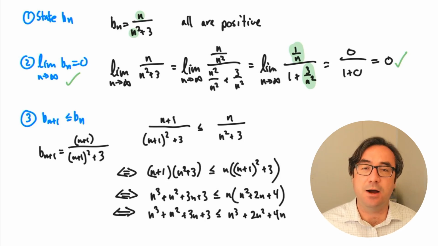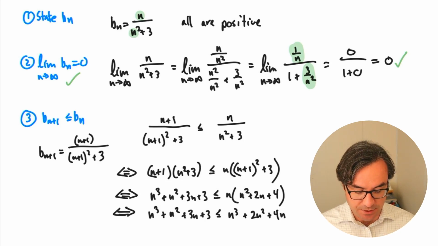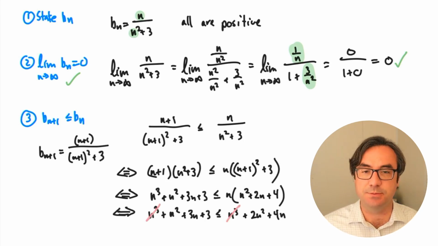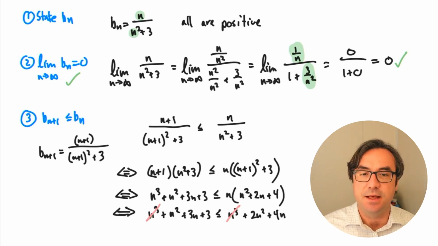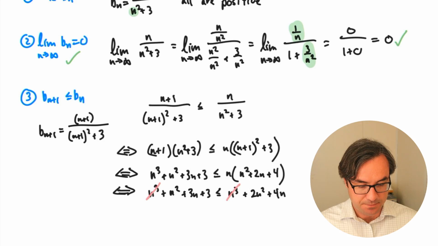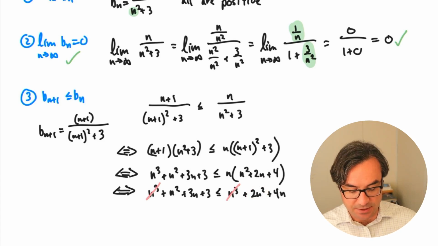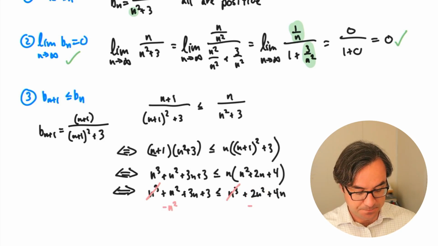All right, so now let's try to consolidate similar terms. And on both sides, we notice that there's an n cubed. So when we subtract n cubed from both sides, that's going to cancel. And then we have a 2n squared here. So let's subtract n squared from both sides.